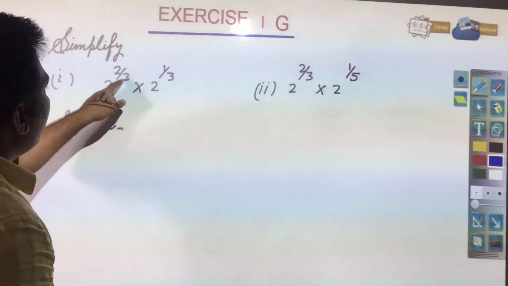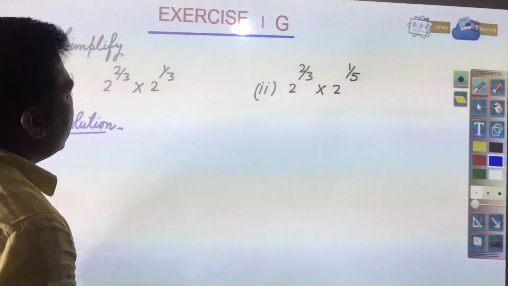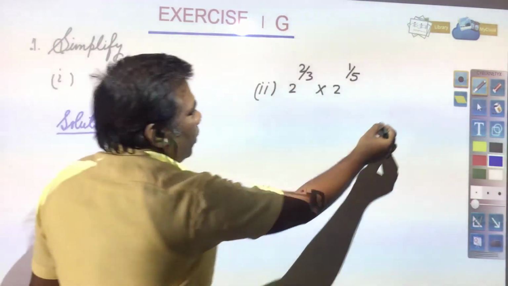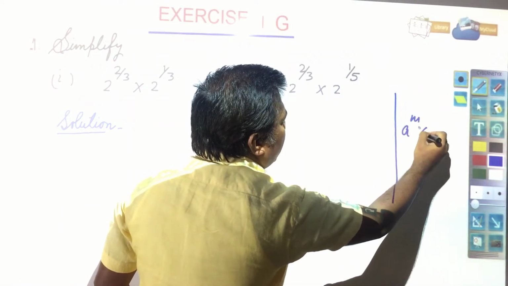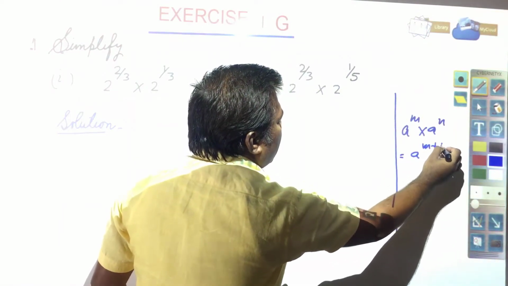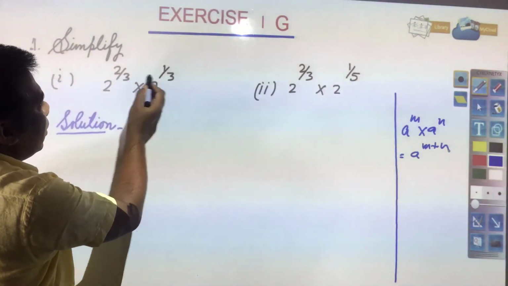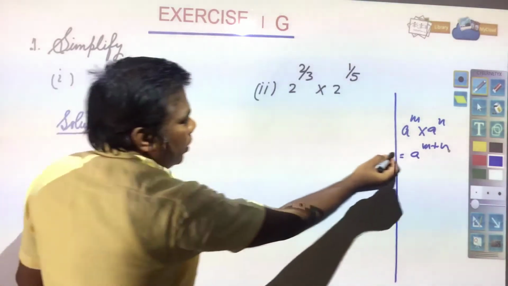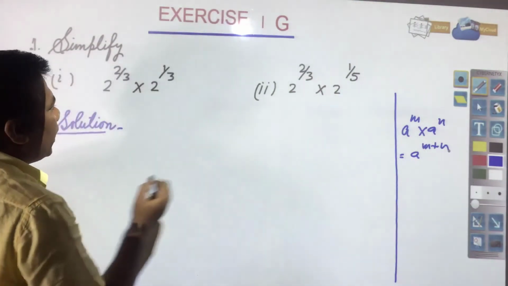2 to the power 2 by 3 into 2 to the power 1 by 3. Here you know the formula. If you remember, a to the power m into a to the power n is equal to a to the power m plus n. Here the base is the same and the powers are different, so this formula can be used.